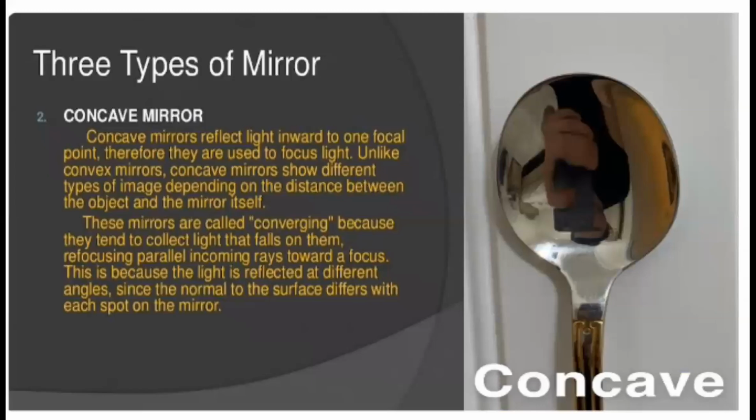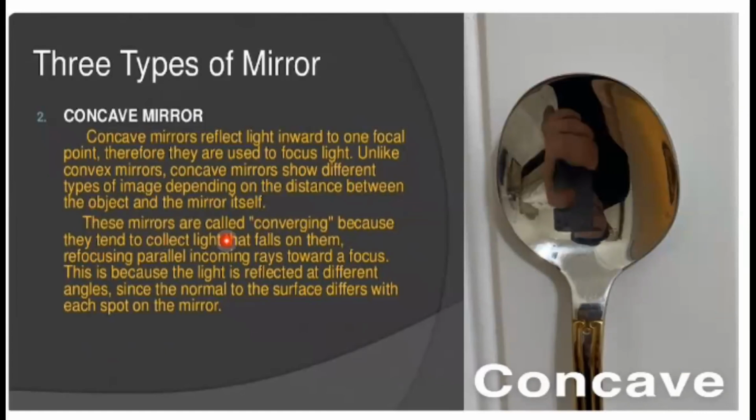So this is how a concave mirror looks like. A concave mirror reflects light inward to one focal point, therefore they are used to focus light. Unlike convex mirror, concave mirror shows different types of images depending on the distance between the object and the mirror itself.